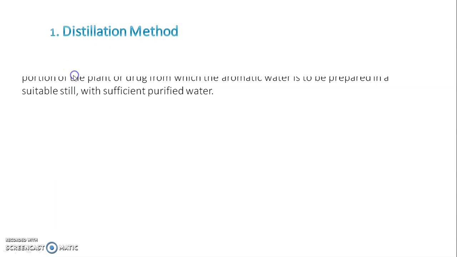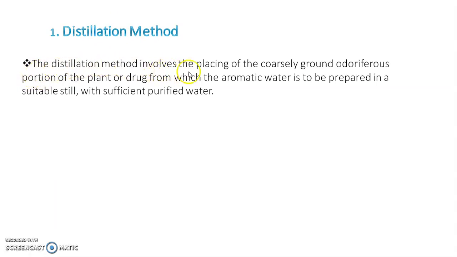First of all, we see the distillation method. The distillation method involves placing the coarsely ground odoriferous portion of the plant or the drug from which aromatic water is to be prepared in a suitable still with sufficient purified water.